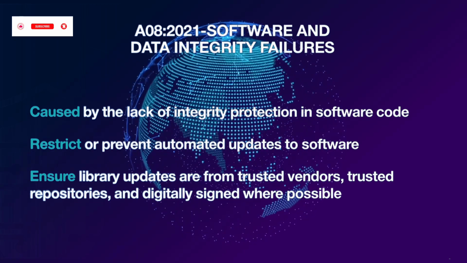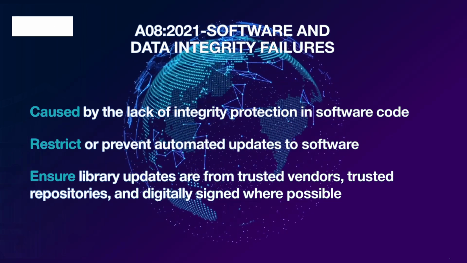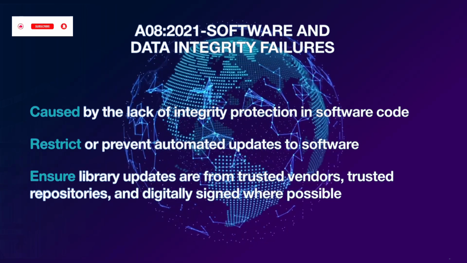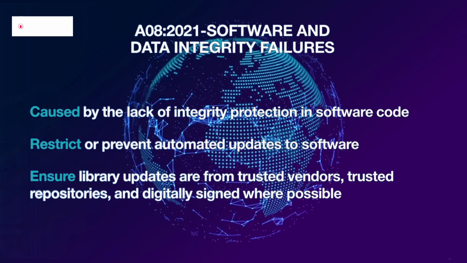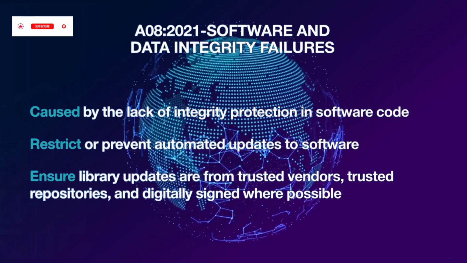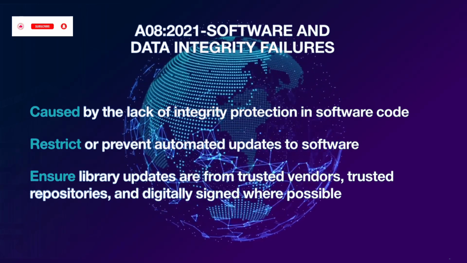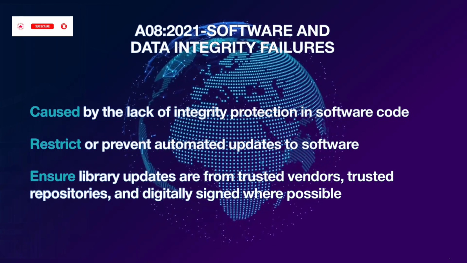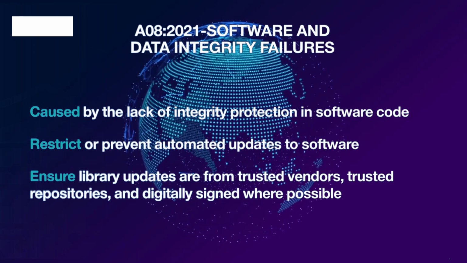So we want to make sure that those are coming from trusted vendors, trusted repos or repositories, and that they are digitally signed so that we can verify the integrity of those files. We also want to do checksums against the hash values, those kinds of things.